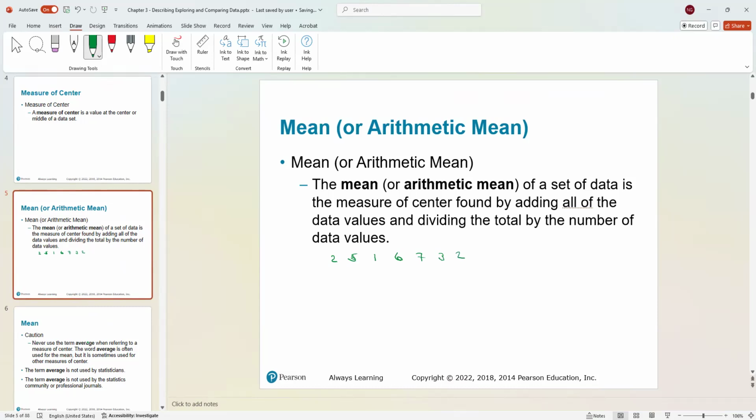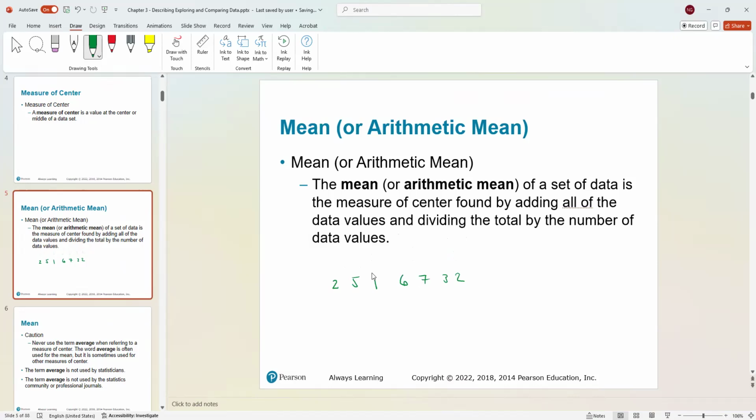I'm going to write it bigger. So we have 2, 5, 1, 6, 7, 3, 2.